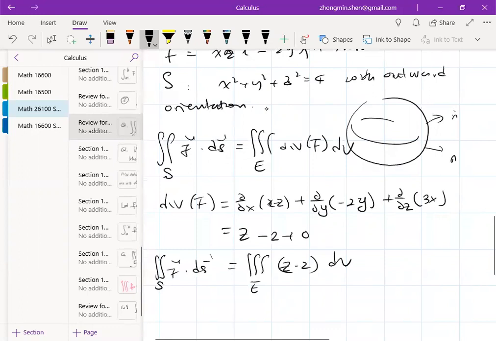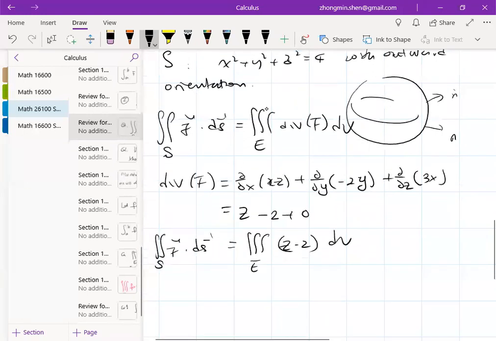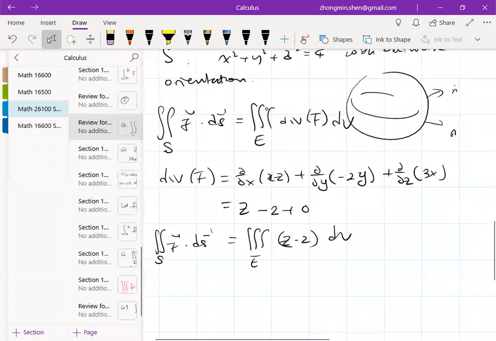Then you have to use spherical coordinates to evaluate the triple integral, so you have to set up. The spherical coordinates: x is rho sine phi cosine theta. Always double check the picture. y is rho sine phi sine theta. z is rho cosine phi.